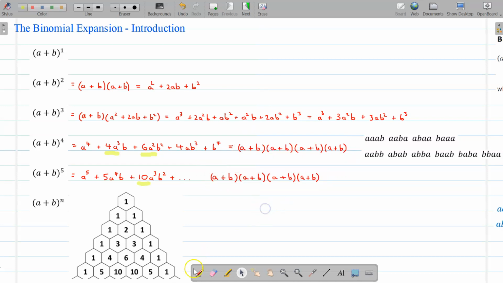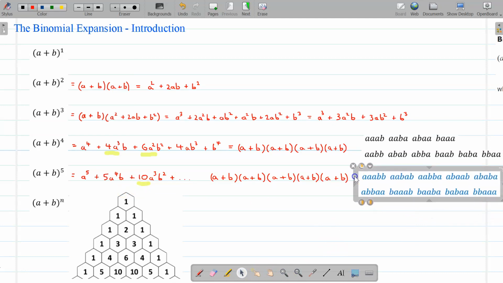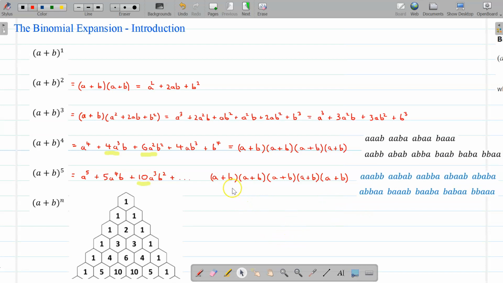And if I put next to it a 5th one, a plus b, what I'm now asking is how many ways are there of choosing 3 a's and 2 b's? Well, I could have an a, an a, an a, a b, and a b. That would be the first thing I would think of. And in fact, there are 10 different ways that this can happen. And here they are. So they're the 10 ways in which you could choose 3 a's and 2 b's from 5.